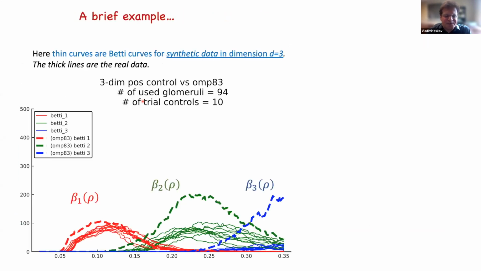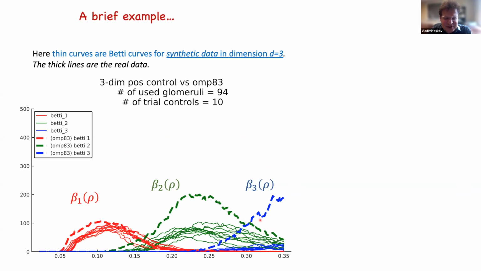So now, how does this look on real data? One can compute Betti curves, let's say for the real data in the olfactory bulb. How do you know that the dimension is larger than 3?